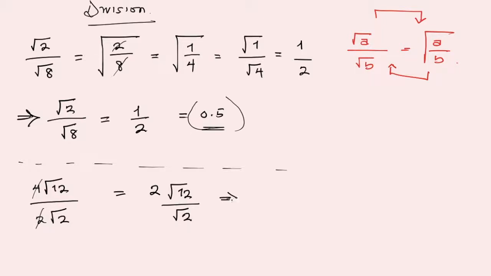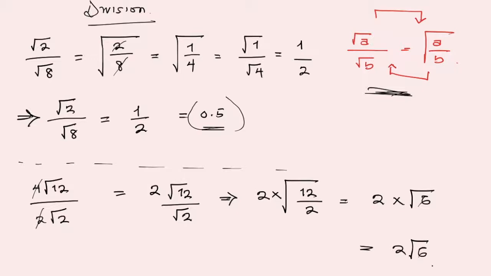And then we can rewrite this as 2 multiplied by the square root of 12 over 2, combining these two together using this property that we have here. And this is the same as 2 multiplied by root 6. And so our final answer is 2 root 6. We cannot break down root 6 any further than we have already here. So 2 root 6 is our final answer.